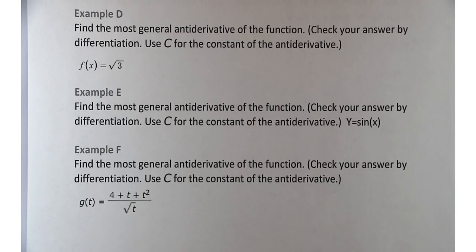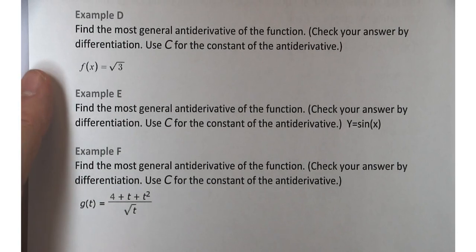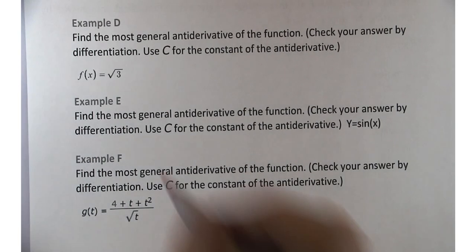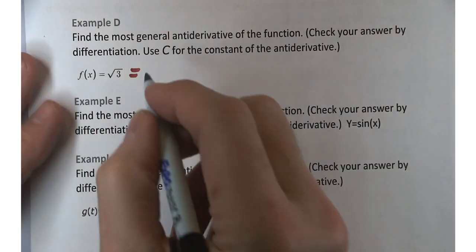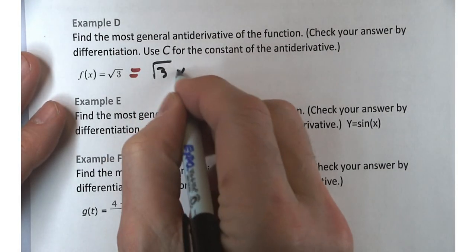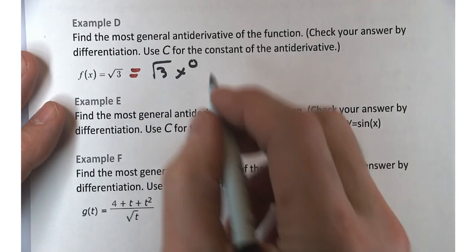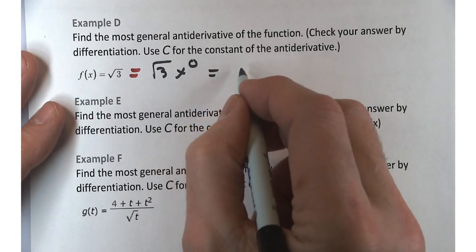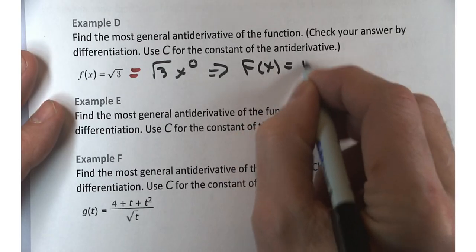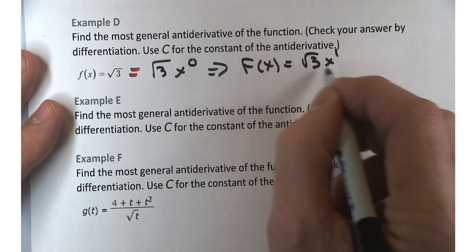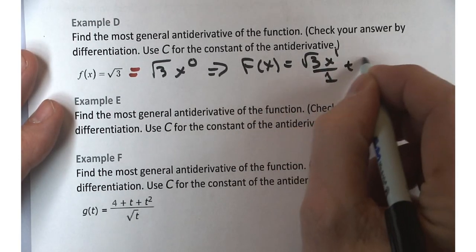Somebody said just a constant. Yeah, where's x? There is no x, right? So if you really wanted to rewrite it, I guess the most useful way is square root of 3 times x to the 0. And as far as the antiderivative is concerned, then f of x would be square root of 3 x to the first power divided by 1 plus your constant.